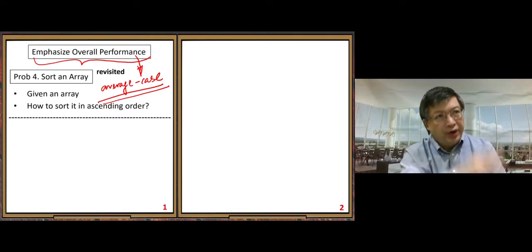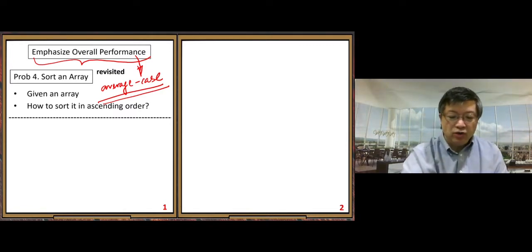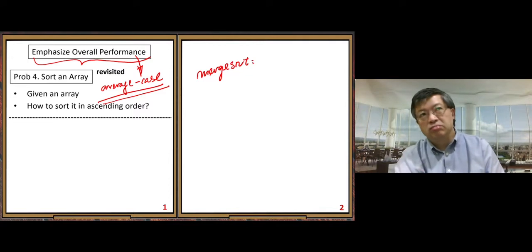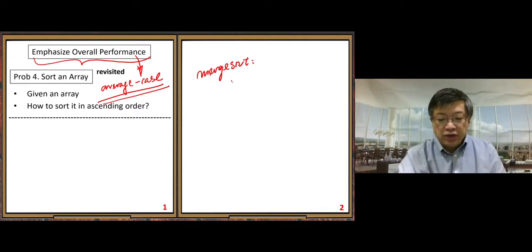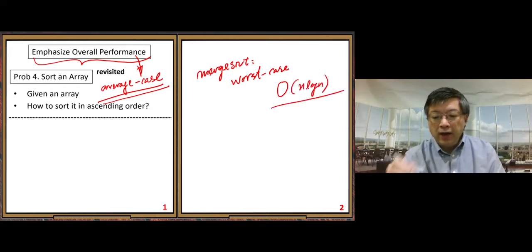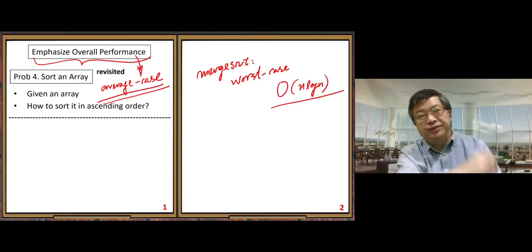The worst case is pretty good. So let's recall merge sort a little bit. What is its most important property? Its worst case efficiency, big O of n log n. N log n. That's really good.